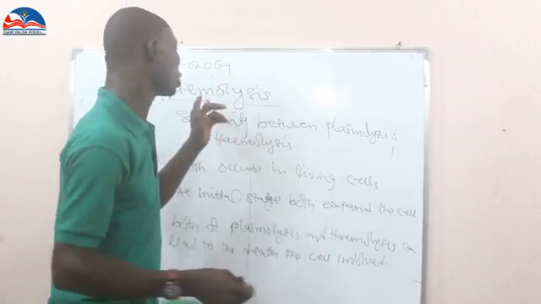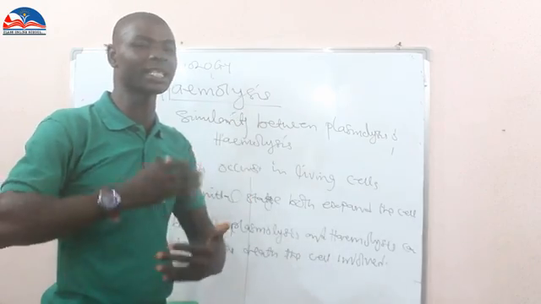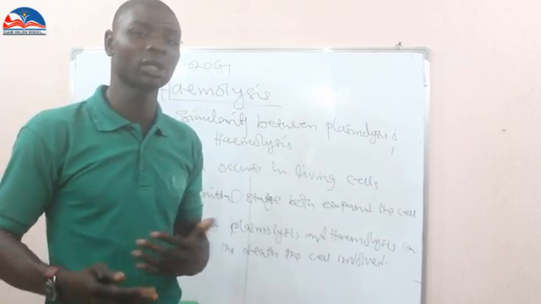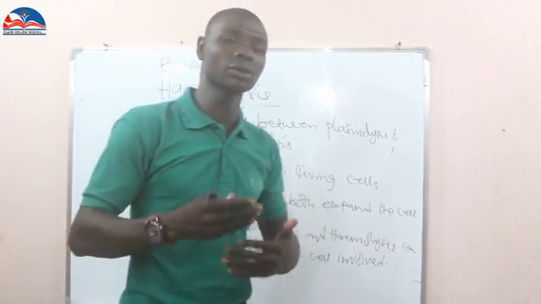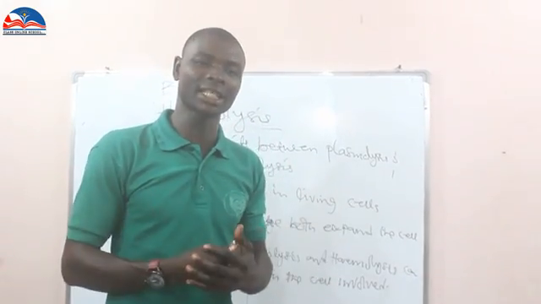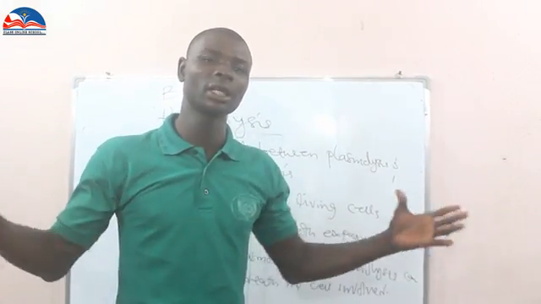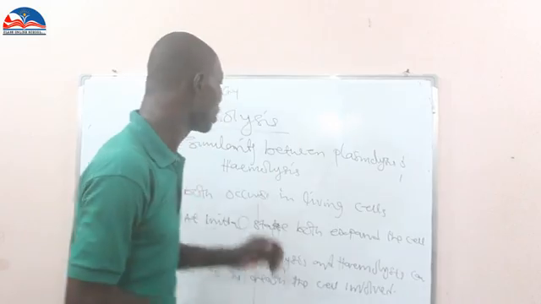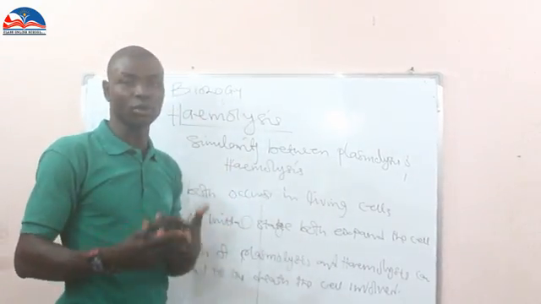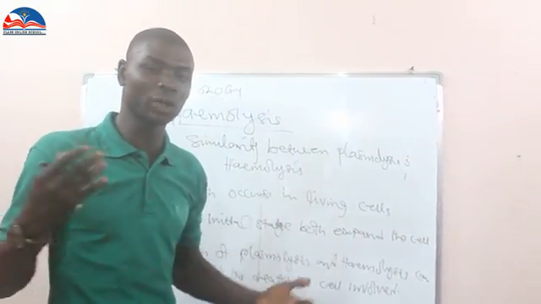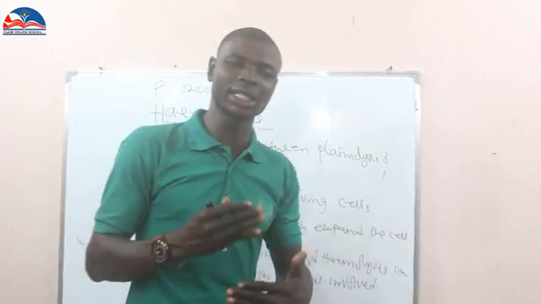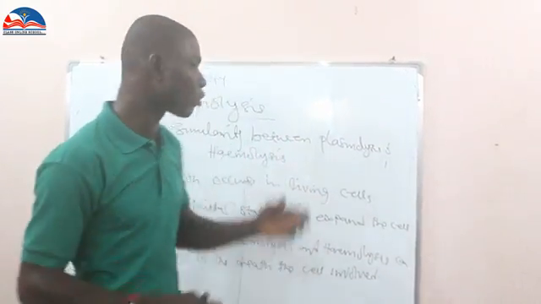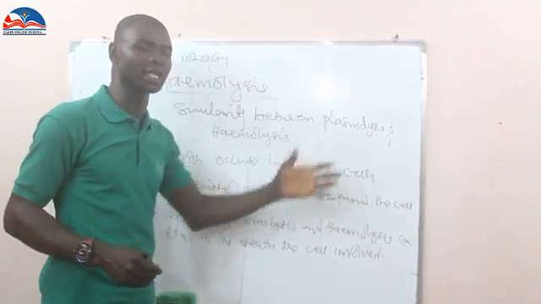Hemolysis is when excess water gets into the red blood cell, to the extent that the red blood cell is fully charged with water and bursts. That is what we call hemolysis. When you get a book, you see more definitions. I don't give you cramming, but I give you the real detailed explanation of hemolysis and plasmolysis.